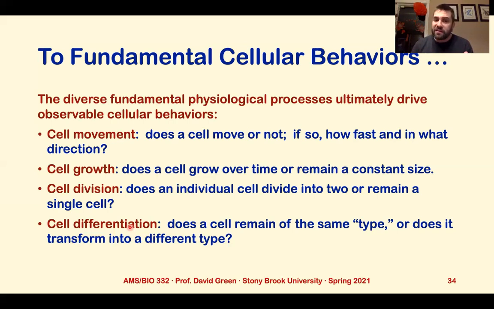What drives a cell to remain its constant type? What drives cells to transform into a different type? How is that process controlled?